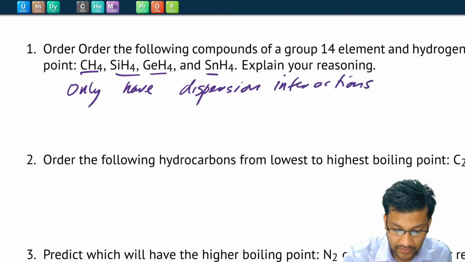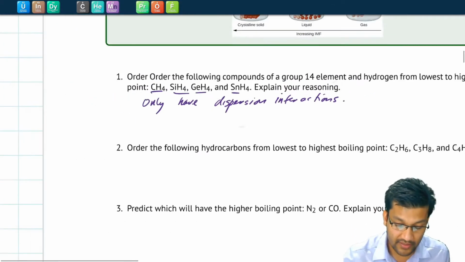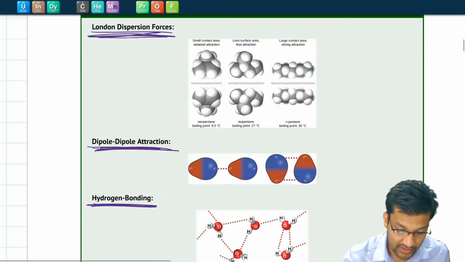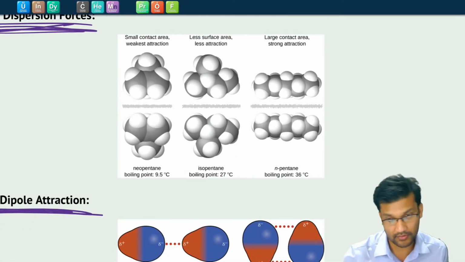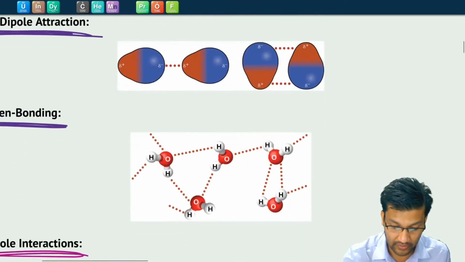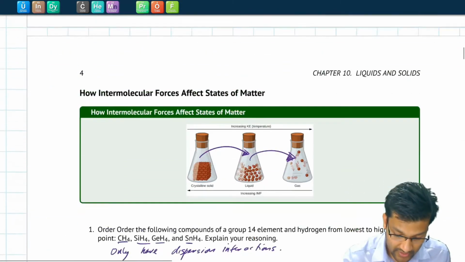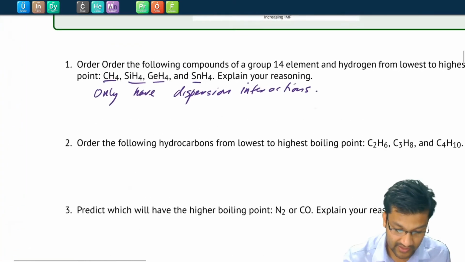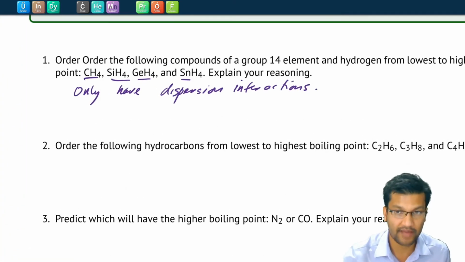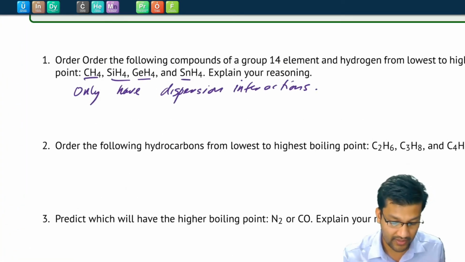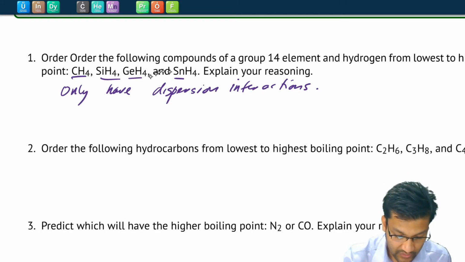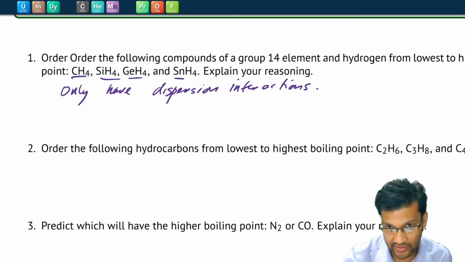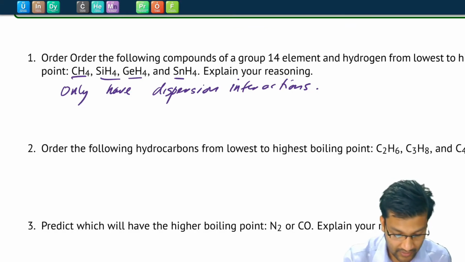So how can we separate them? Well, I mentioned earlier that for dispersion interactions, the strength will depend on the size of the molecule, or more specifically the surface area of the molecule. So we just need to order these in terms of size, because the larger molecules will have the higher boiling point, and the smaller molecules will have the lower boiling point. We can ignore the hydrogens in each case because hydrogen is in every single one of them, and look at the other element.